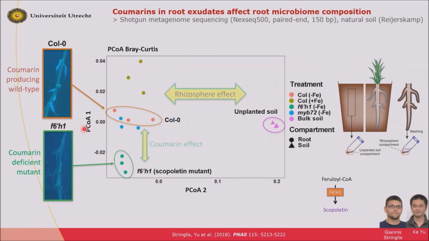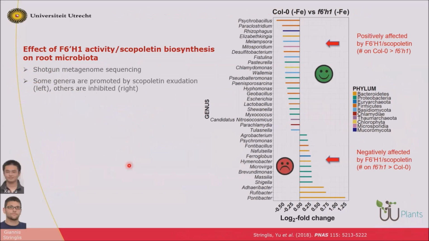Then you nicely see, again, the rhizosphere effect, right? The microbial community in the bulk soil is very different from the microbial community in the rhizosphere of plants growing in that bulk soil. And this is from the wild type. And if you compare it with the microbial community in the rhizosphere of coumarin mutants, then you nicely see that there's a shift in the microbial community. Well, then we did shotgun metagenome sequencing.